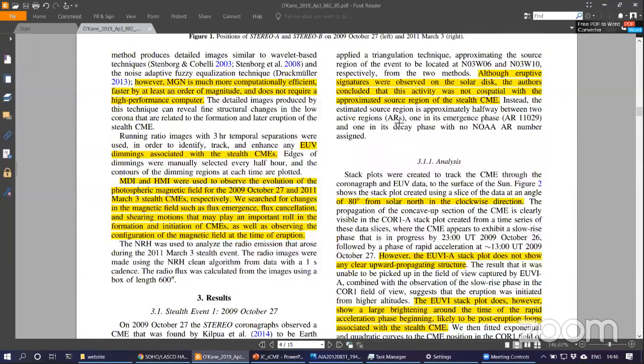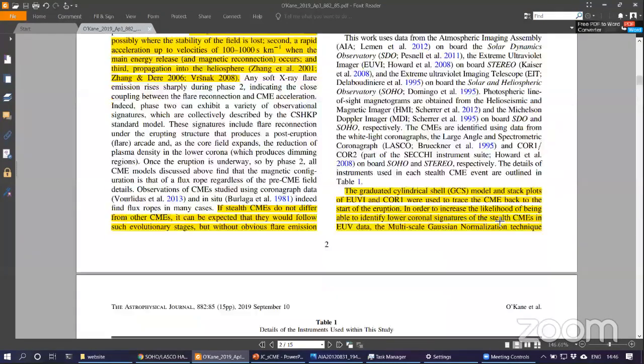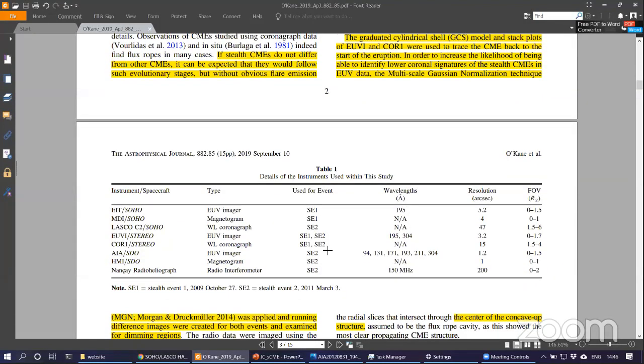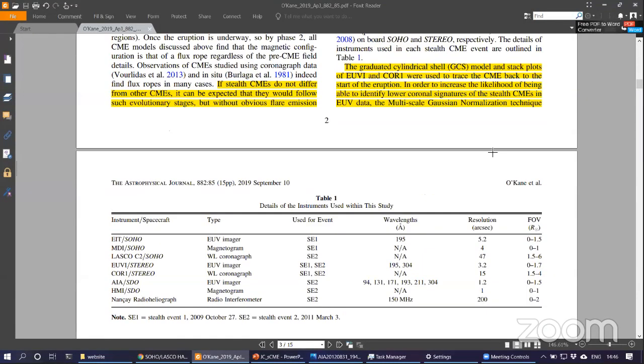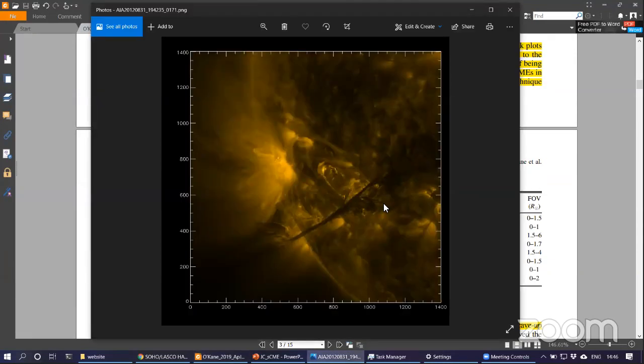They have also mentioned that they have used the multi-scale Gaussian normalization technique in the UV images. This technique enhances features which are very faint or low in contrast. To show you an example, in this figure taken in AIA 171 angstrom, you can see very distinct contrast features, some bright features here, some very dark features, and the loop structures are very diffused.